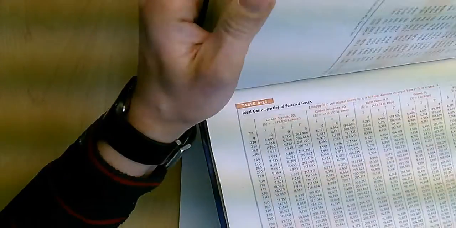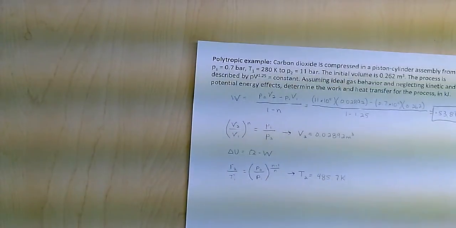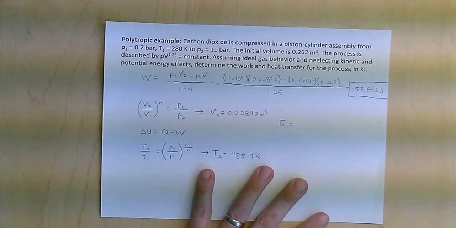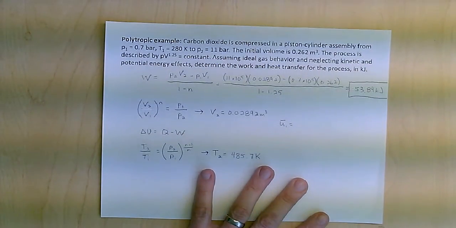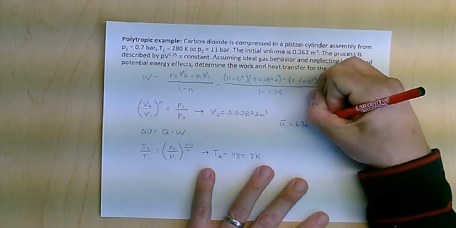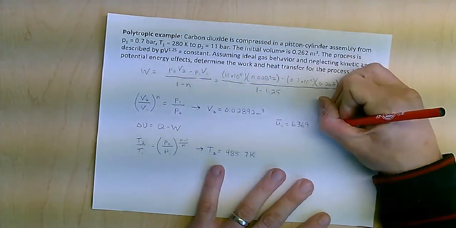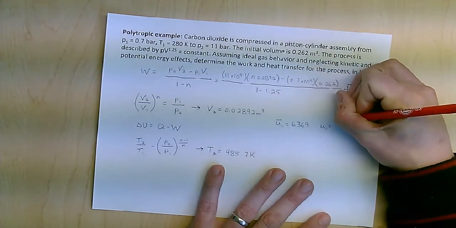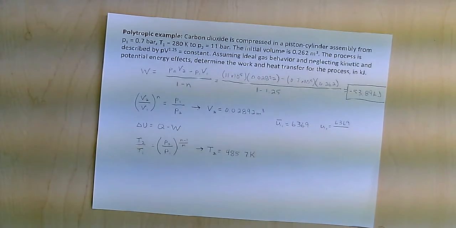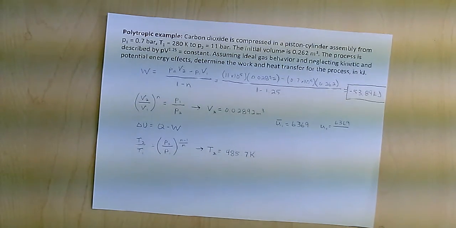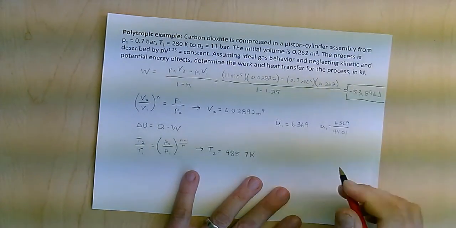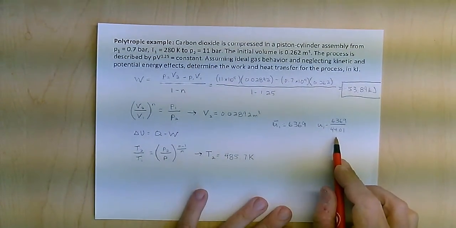Now this is given to me in molar form, which I don't like. So let me go ahead and say U1 equals 6369, which I looked up in the table. That means u1 is 6369 divided by the molar weight for carbon dioxide, which is 44.01.